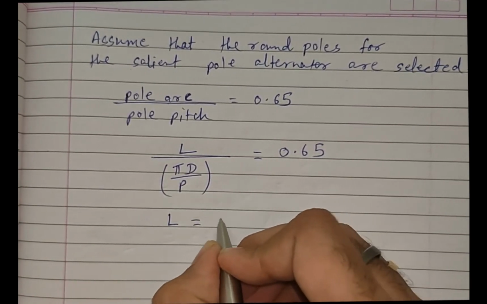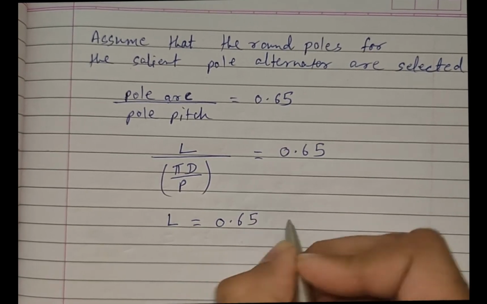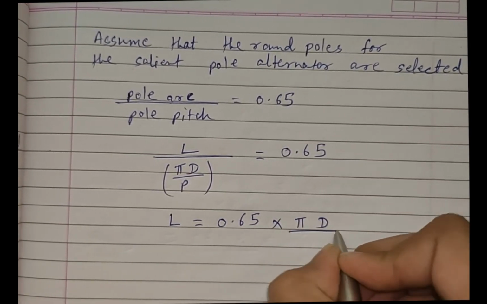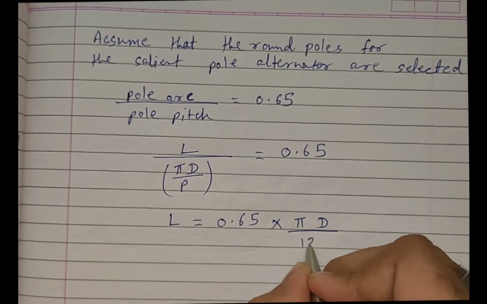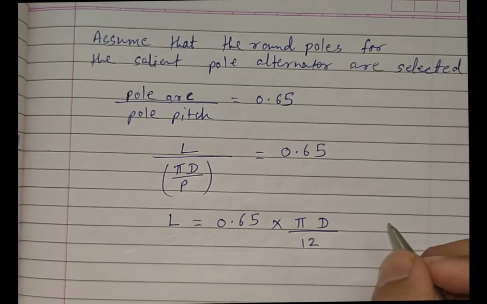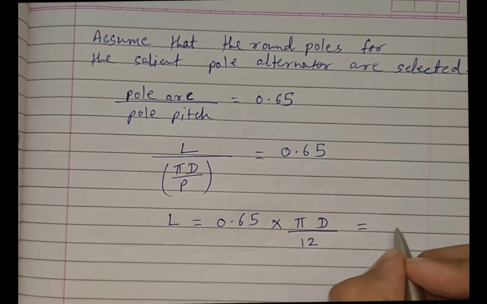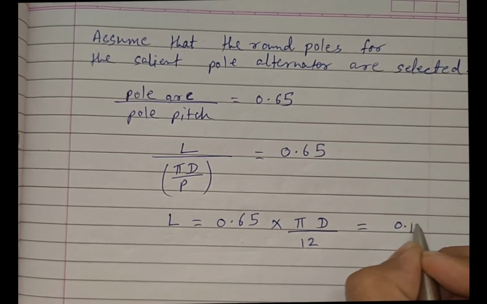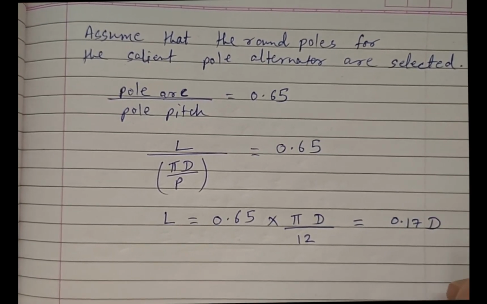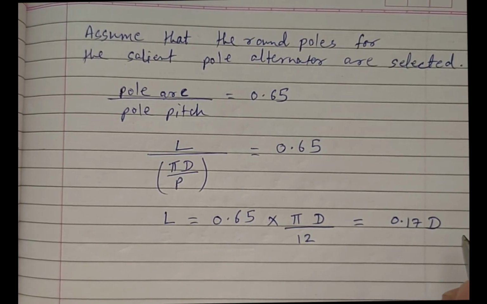So L is equal to 0.65 multiplied by pi d upon p, where p is the number of poles, that is 12. On solving this, we get the value of L as 0.17d. So let us name this as the second equation.